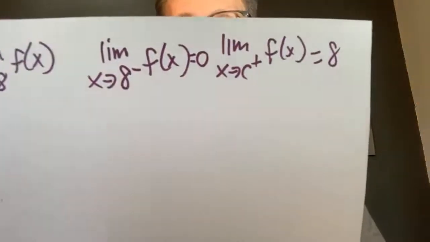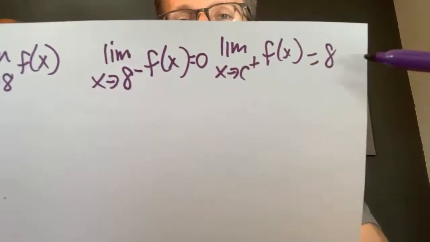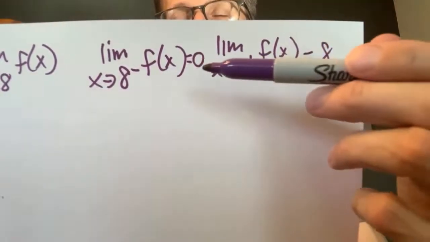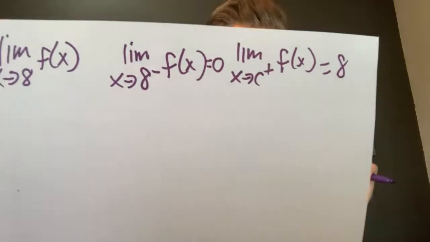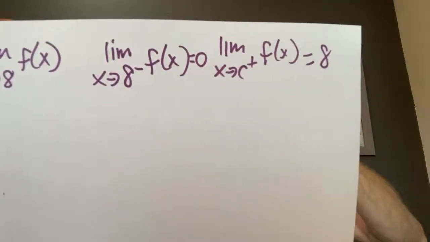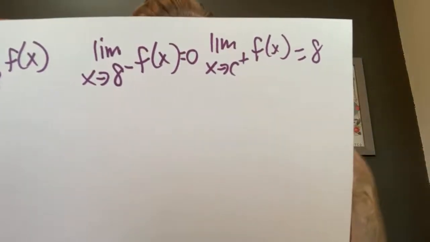So, because those two numbers are different, 8 and 0, the limit as x approaches 8, the two-sided limit, does not exist. That's a big idea. That's a super big idea. That's a super duper big idea.